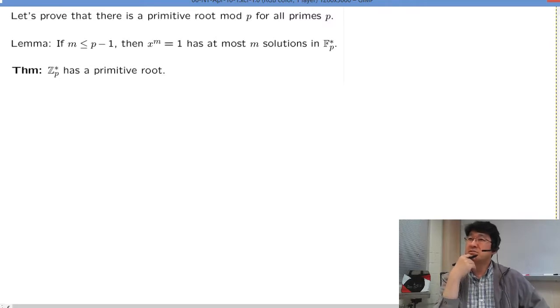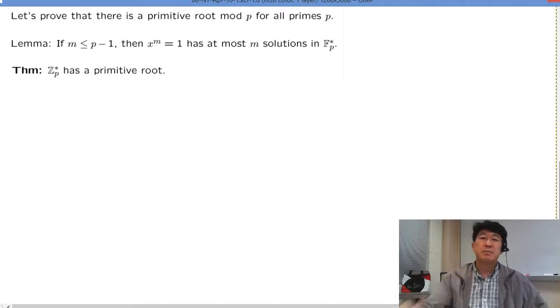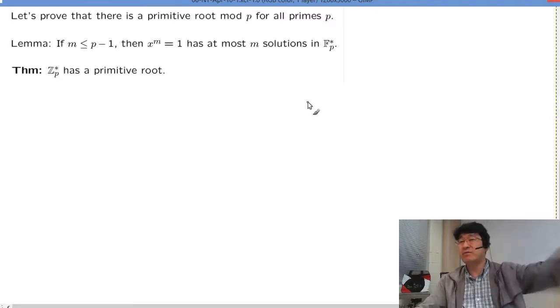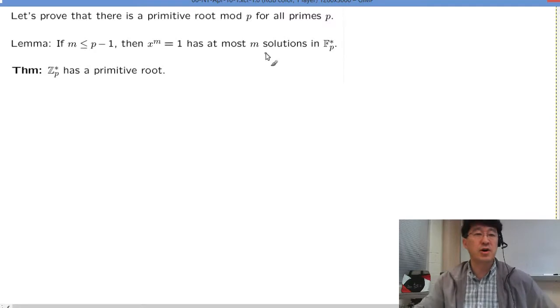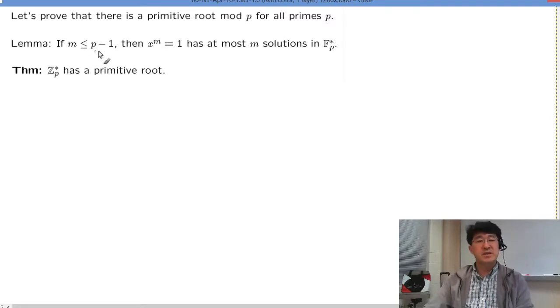It's a polynomial, and because it's a field you can keep dividing. If you have a solution, the degree is knocked down by 1, so you can't go past m. So if m is less than or equal to p minus 1, this has at most m solutions, right?